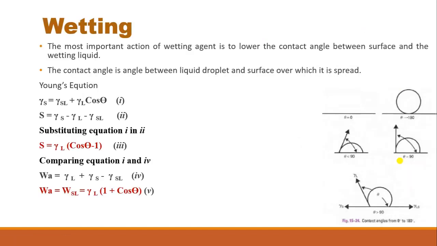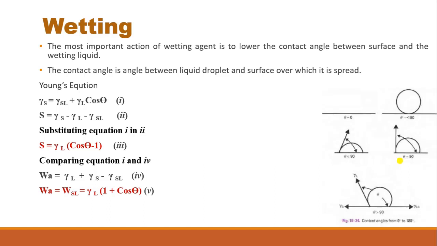Next topic is wetting. What is the meaning of wetting? In laboratory sometimes you may have observed that on addition of charcoal or talc in water, it remains floating on the surface of water. Though its density is higher than water, it does not get sedimented in the water and remains floating on the surface because it does not get wetted with water.